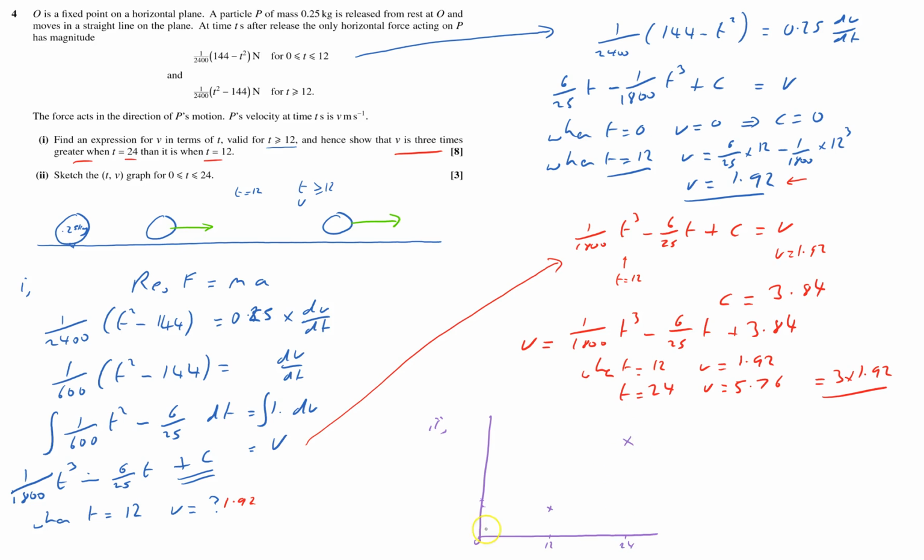And the whole way through, as t gets bigger and bigger, the force is getting smaller and smaller until it's 0. So there'll be 0 acceleration there, and then it's going to go up like that. And it does start from 0. That's velocity, that's time, and that's question 4 done.